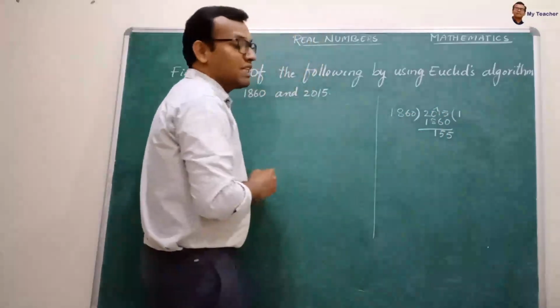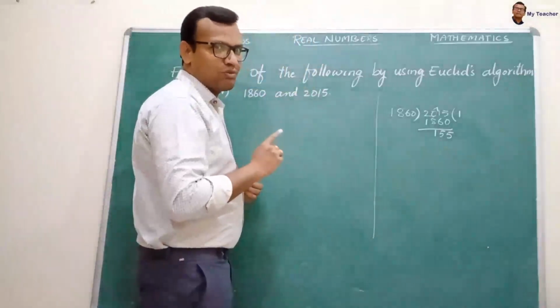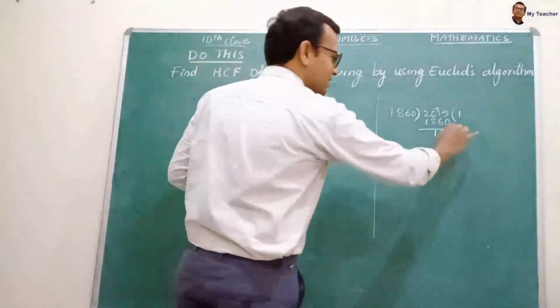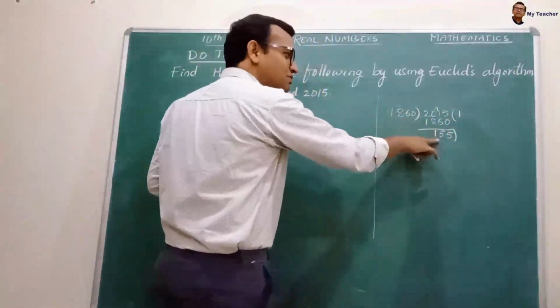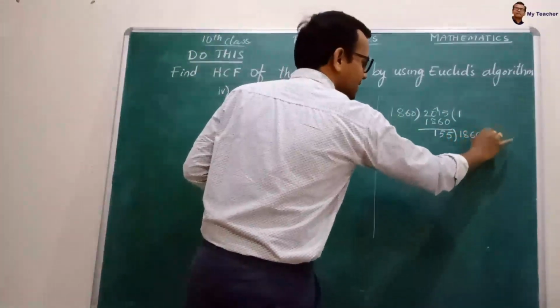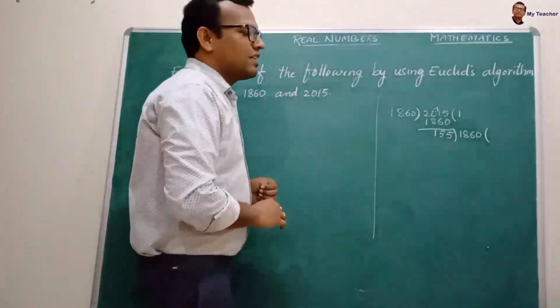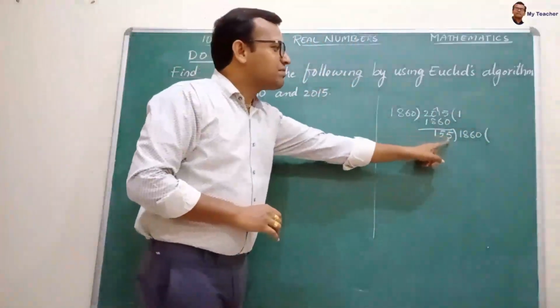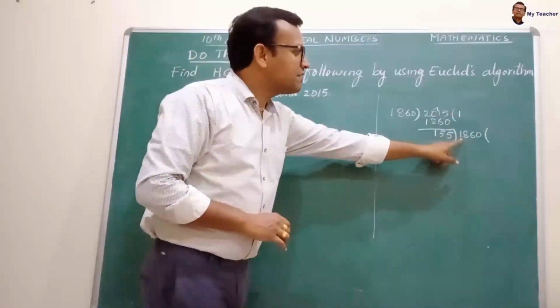Now 155. Is the remainder 0? No. So we have to continue the division. Now divide 1860 by 155. 155 tens are 1550.